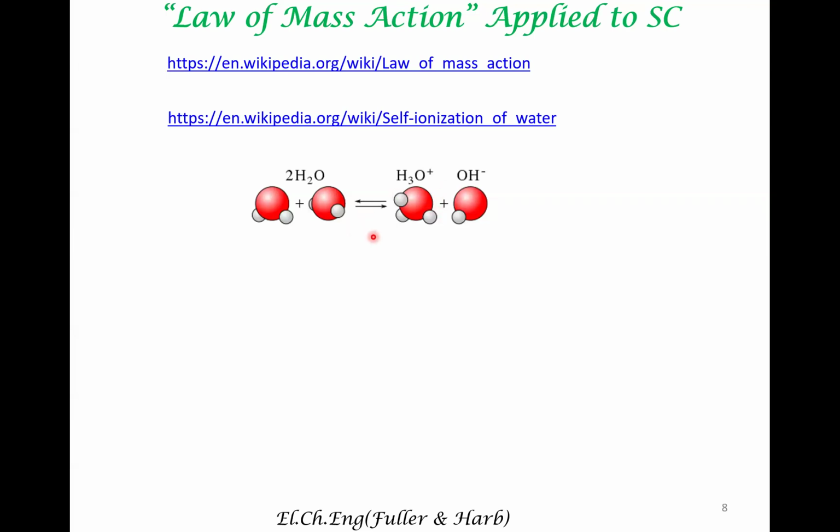Corresponding to this chemical equilibrium, you can associate an equilibrium constant. These refer to activity of protons, activity of hydroxyl, and activity of water. This equilibrium constant is dependent on temperature.